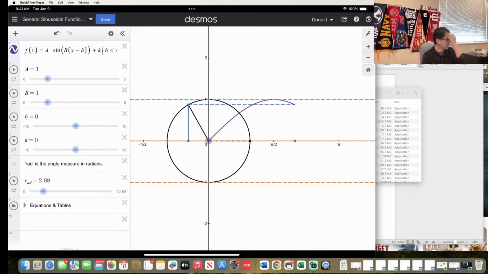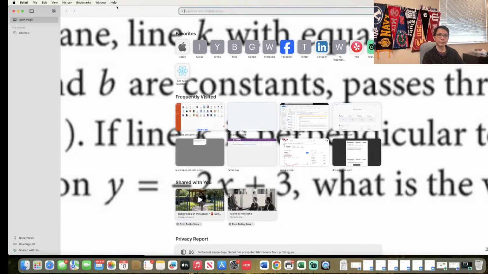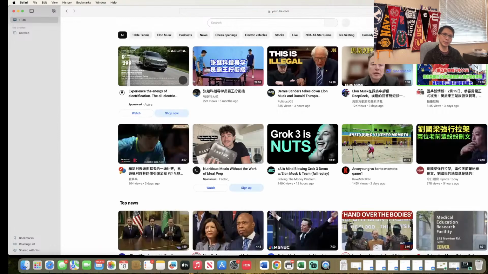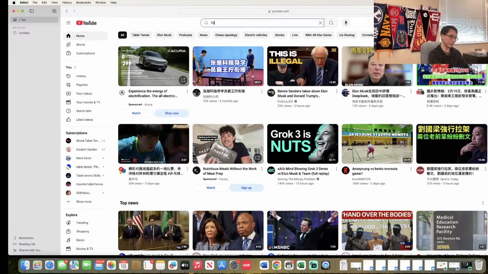Is this okay? Now, if you don't understand this, I'm going to show you. It's part of the unit circle, so I'm going to look something up. I'm going to go to YouTube, and we're going to search Fourier transform of sine.